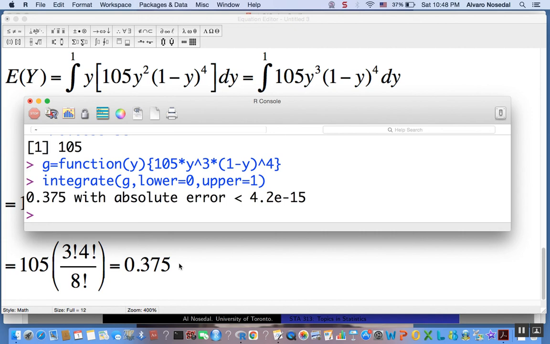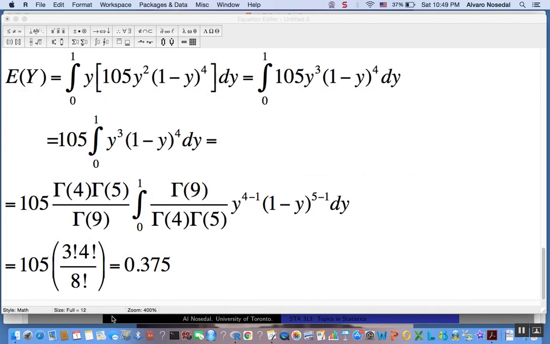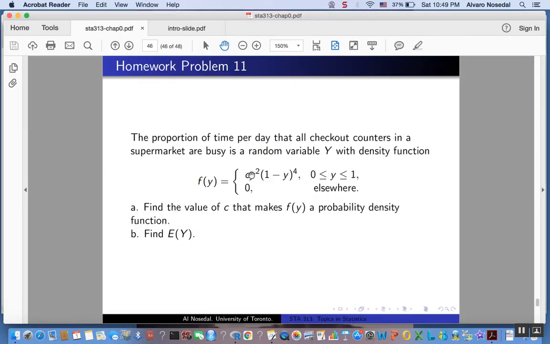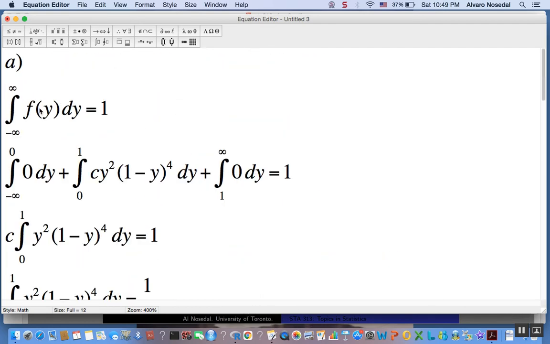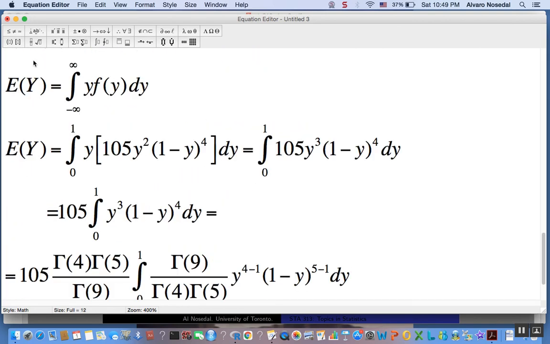Excellent. So let's summarize what we did here. We used properties of probability density functions to find that missing constant. The property that we used is that the integral from negative infinity to infinity of a legit PDF must be 1. And then to find the expected value, we used the definition of expected value for a continuous random variable: the integral from negative infinity to infinity of y times the PDF.